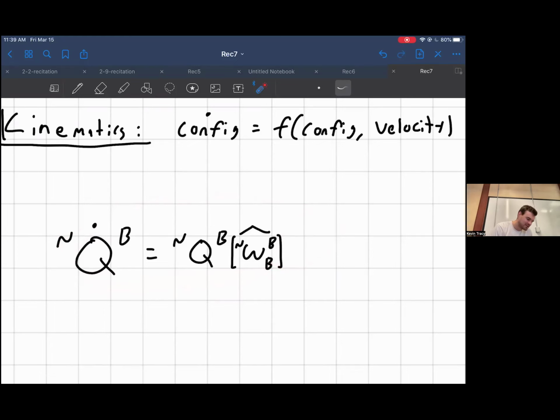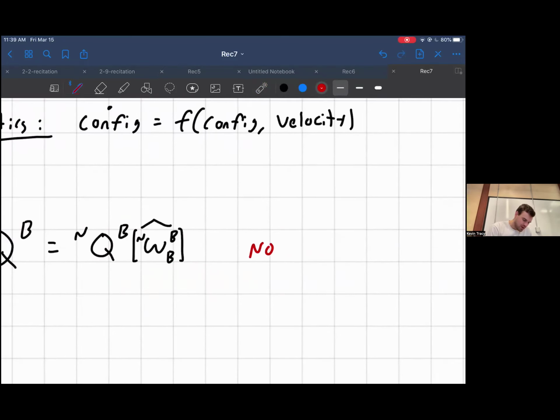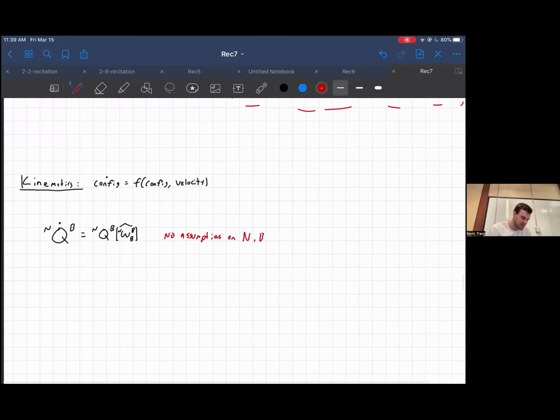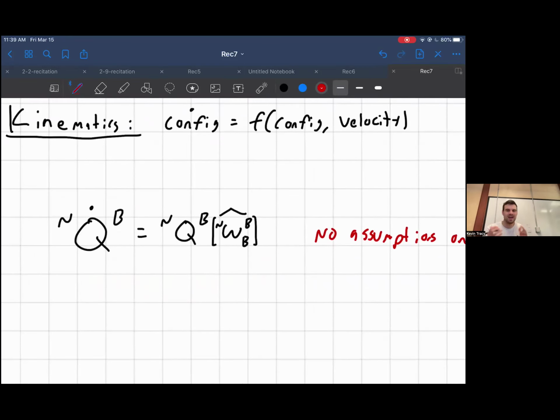So what does this mean? This means that if I have some frames, they don't have to be a world frame or a body frame, but that's the most common. These can be anything. So I made no assumptions on N and B. I didn't assume that N was an inertial frame and B was a body frame.